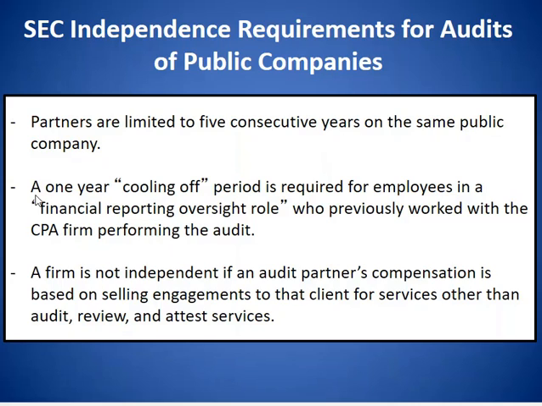Also, another rule is a 1 year, what we call a cooling off period, required for employees in a financial reporting oversight role who previously worked with the CPA firm performing the audit. A third rule is a firm is not independent if an audit partner's compensation is based upon selling engagements to an attest client for services other than audit, review and attest services.